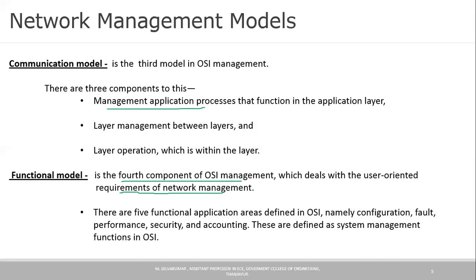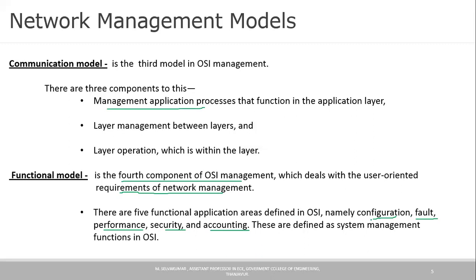These functions were already discussed as five functional application areas, namely fault, configuration, performance, security, and accounting. These five functional application areas are handled by the functional model.